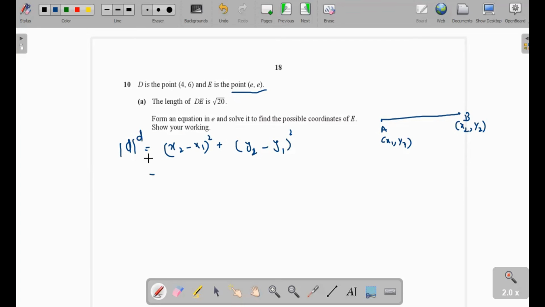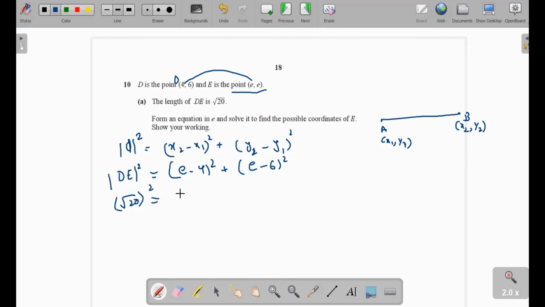Now the length of DE squared will be equal to (e minus 4) whole squared plus (e minus 6) whole squared. Now this is the square root of 20 squared.